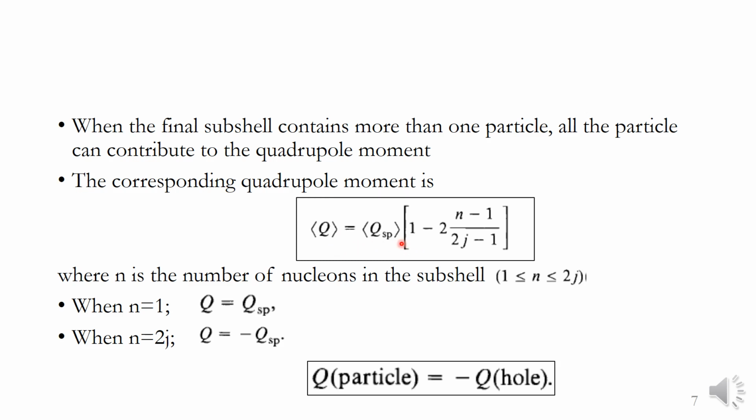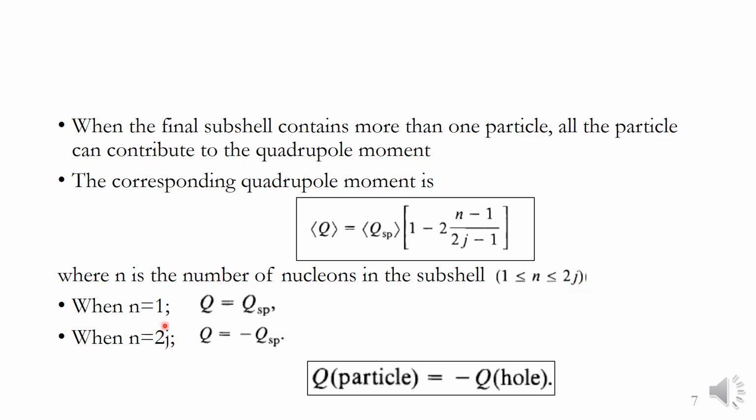This will be the single particle quadrupole moment times (1 minus 2 times (n minus 1) by (2j minus 1)), where this j is the finally filled spin state and this n is the number of nucleons in that finally filled subshell. Okay, where this n can be from 1 to 2j, since the subshell can accommodate 2j plus 1. The 2j plus 1 case corresponds to a 0 electric quadrupole moment case. So this can be up to a maximum of 1 to 2j.